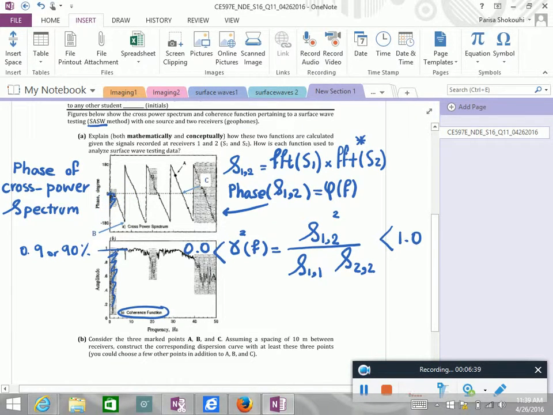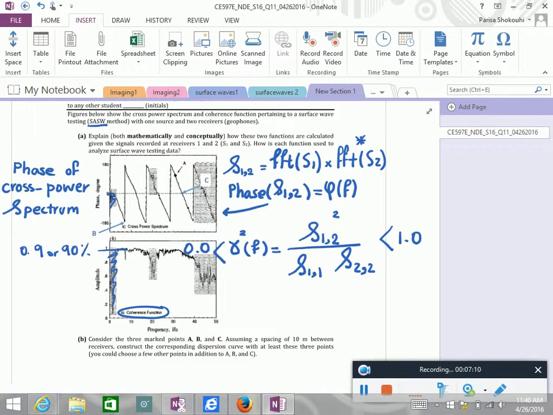You don't bring it into the dispersion curve. And in practice, this has a lot of implications. So you weigh your phase with coherence function. If the weight is high, it becomes significant. If the coherence function is low, that part of the phase you don't use. So this is what I wanted you to write down.